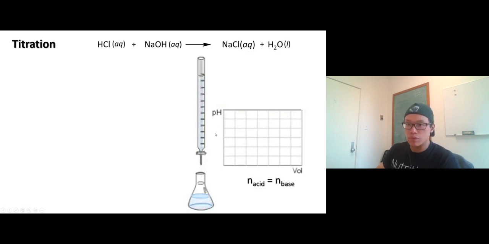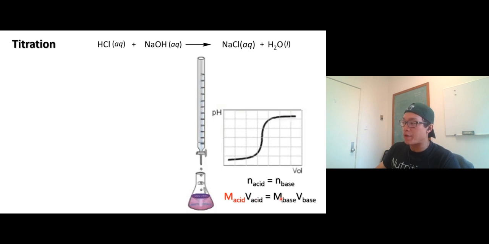Now, the theory behind titration is that moles of acid equal moles of base. We can convert moles to molarity times volume, very much the same as the dilution equation, because they have the same moles.